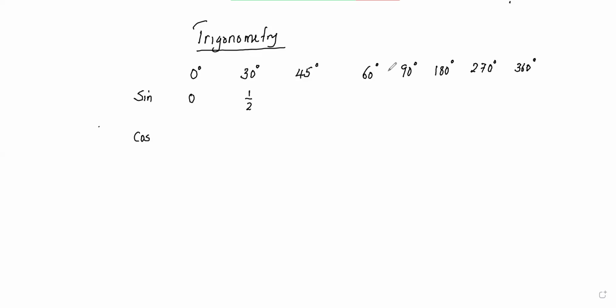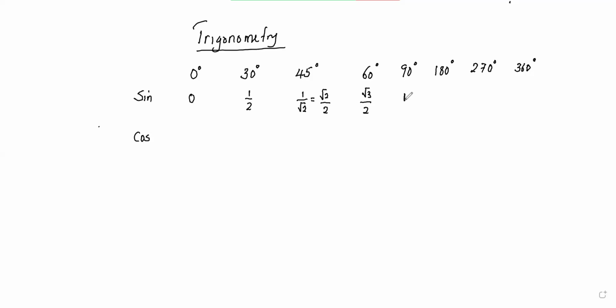Okay, we continue. Sine 45 is 1 over the root of 2. But if we rationalize this, it becomes the root of 2 over 2. Sine 60 is root 3 over 2 and sine 90 is 1.